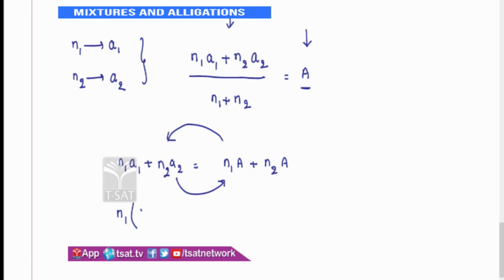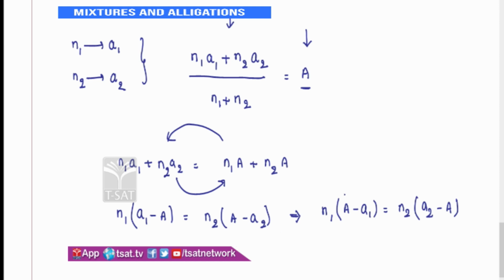It becomes N1 into small a1 minus capital A is equal to N2 into capital A minus A2. If you take the negative common, you'll also get N1 into capital A minus A1 equals N2 into A2 minus capital A.